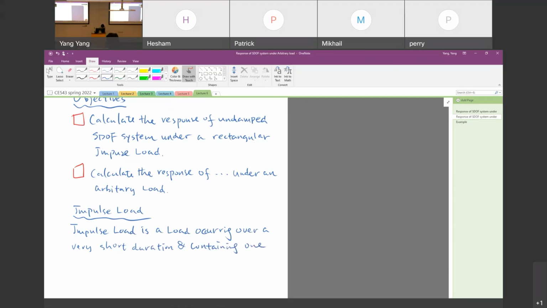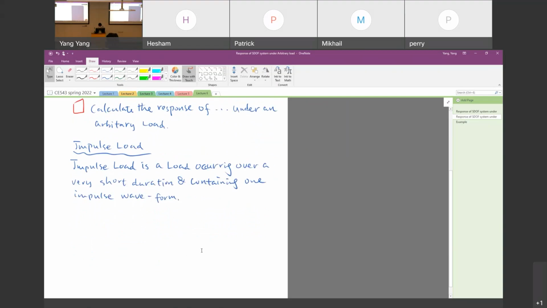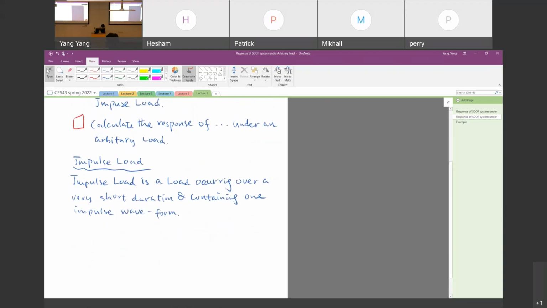Why impulse? Graphically, we should be able to show the typical pulse load, the force.